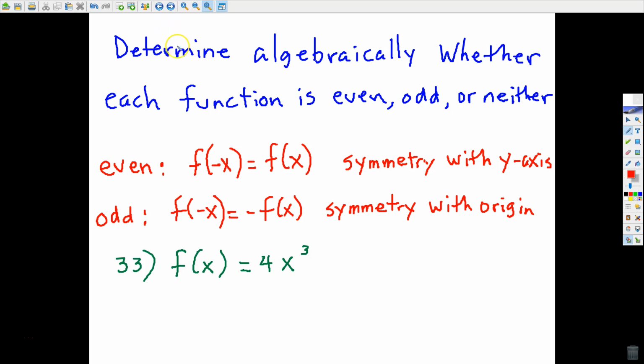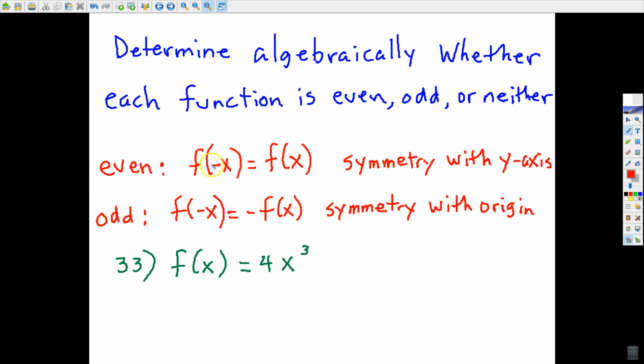Let's take a look at this next block of problems. The directions tell us to determine algebraically whether or not a function is even, odd, or neither. We saw how to do it when we're looking at a graph, but how do we do it if we're just looking at a function? Well, notice what I've given you here.